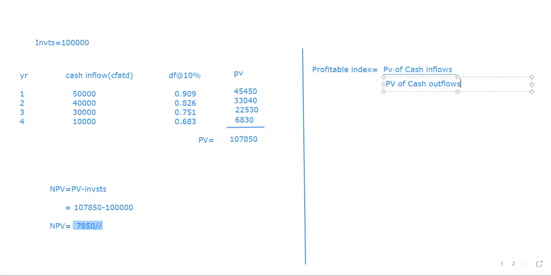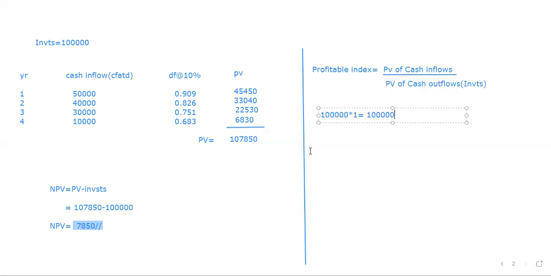So what is it? Outflows is nothing but the investment. In the 0 year the present value will be one only, so that's why it is going to be as usual 1 lakh.